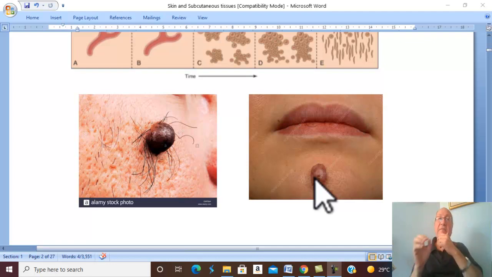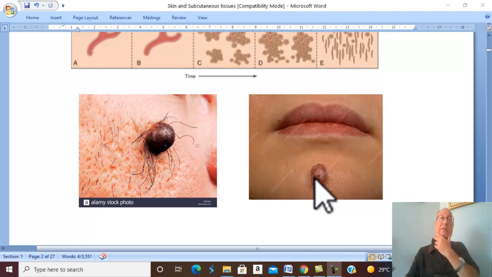And this melanocytic benign lesion is due to hamartoma in the cells which produce pigmentation in the body. These cells are called melanocytes.